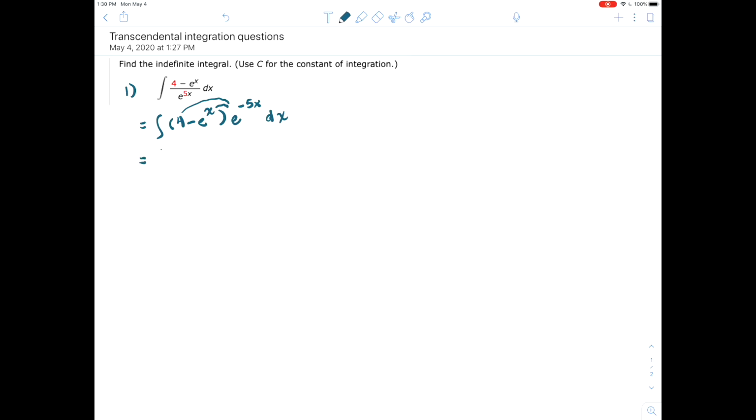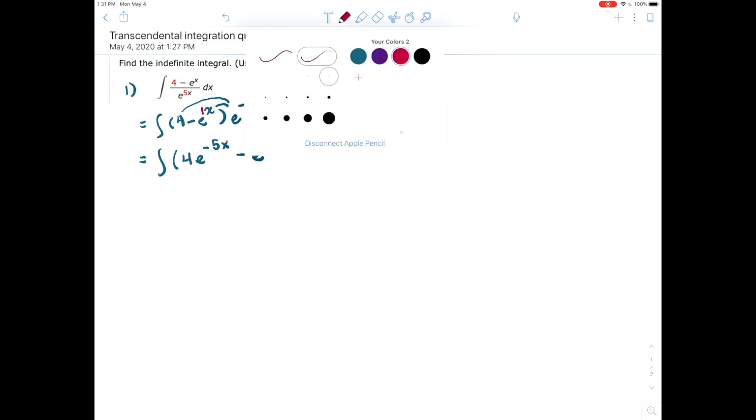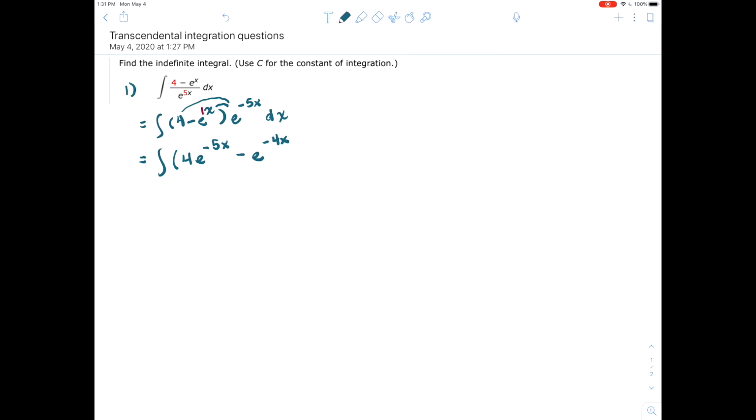So this will be the integral of the quantity 4 times e to the negative 5x minus e to the 1x plus negative 5x, which would make it e to the negative 4x. Good so far? Because there's like a 1 here. And when you are multiplying like bases, you add the exponents. So that will be with respect to x.